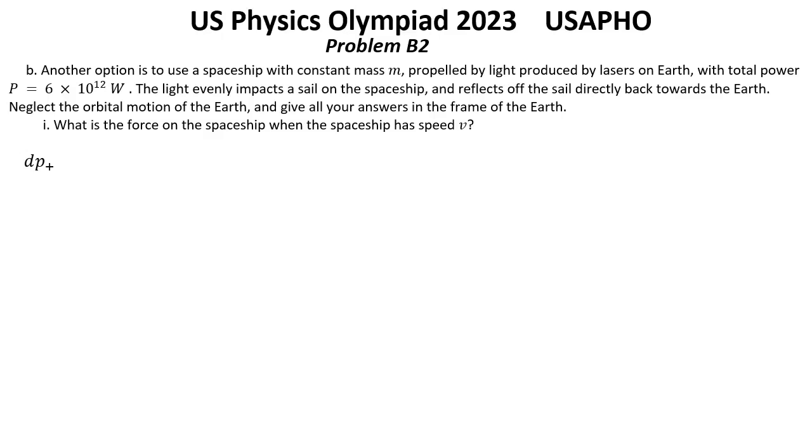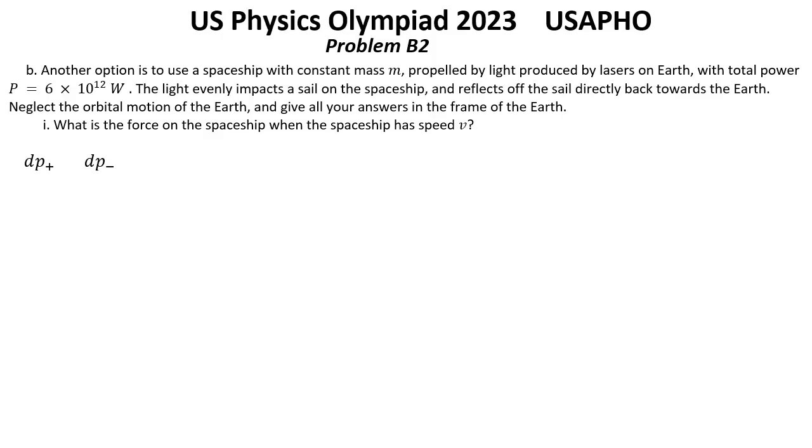Suppose that at the same time another momentum of light, delta p minus, was reflected in the opposite direction. If we sum these two momenta, we get the total change of momentum for our spaceship.